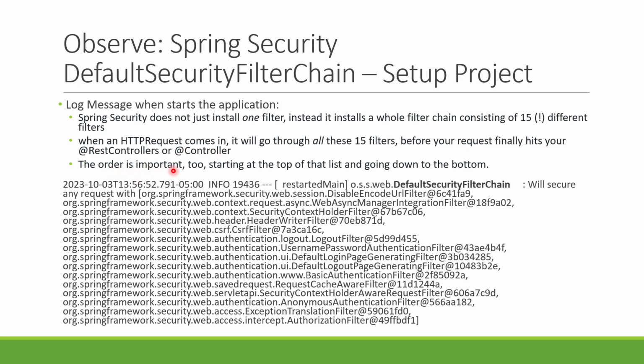The order is important because the filters start at the top of the list and go down one by one. If the authorization filter is on the top, then it makes sense, right? And you haven't logged in.